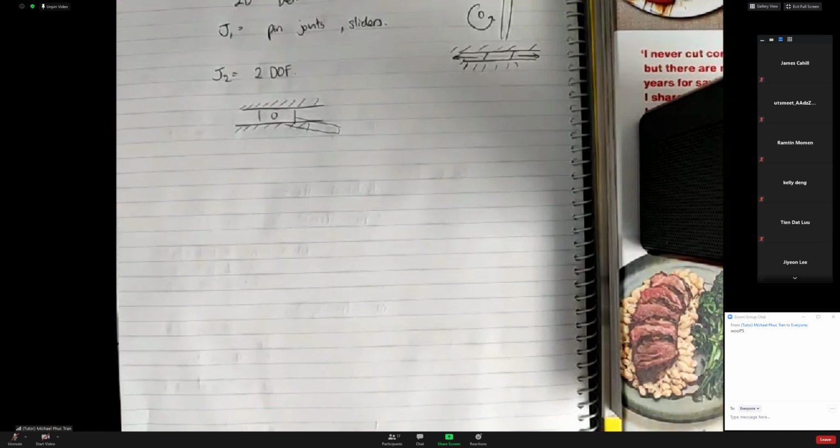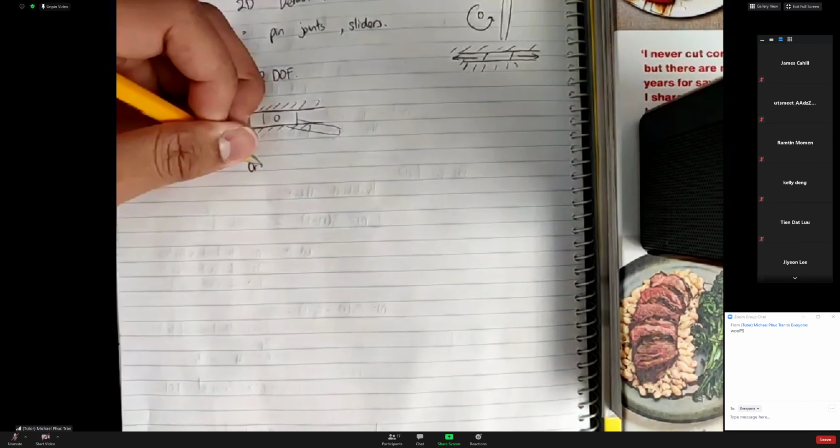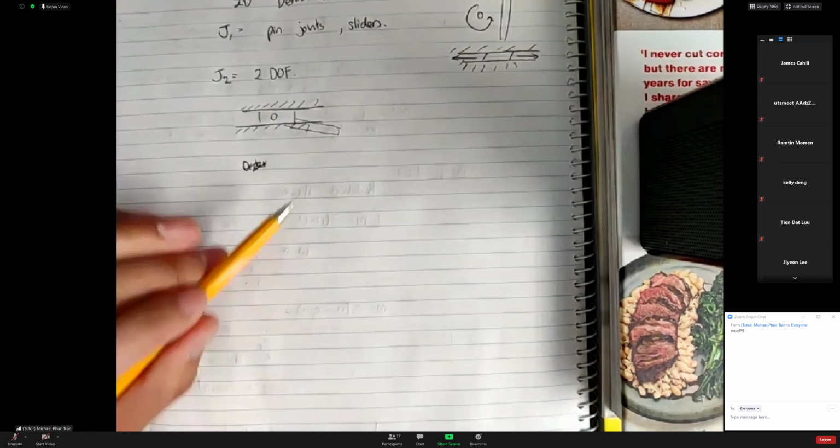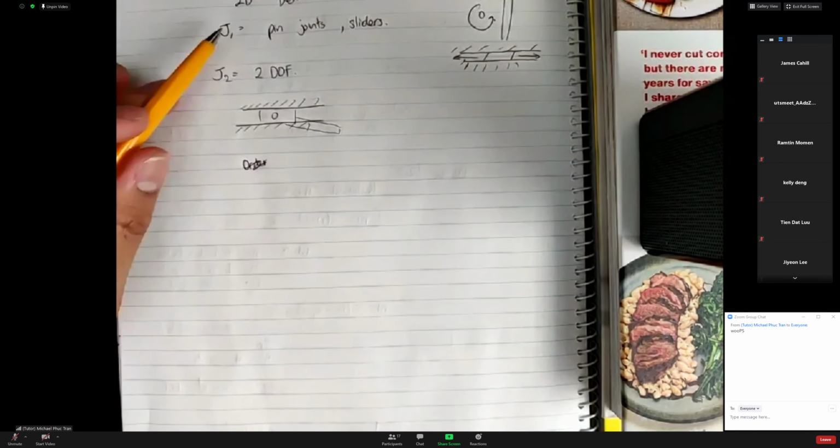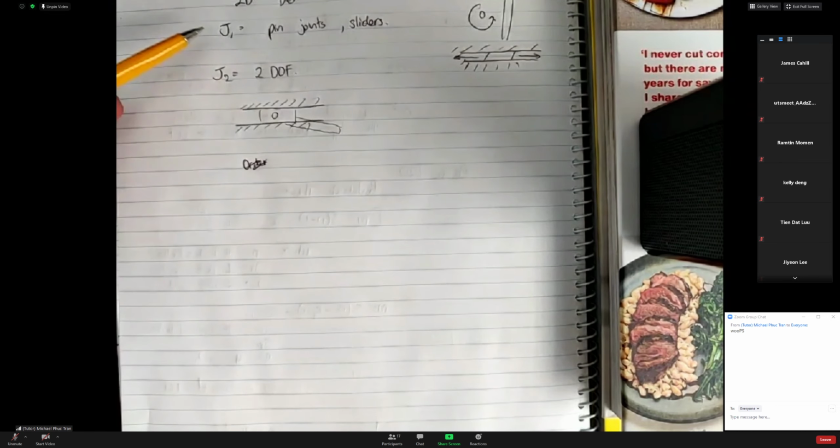Another note that you need to make is the order of joints. So when I say J1 and J2, that's an order. J1 is a first order joint, and J2 is a second order.